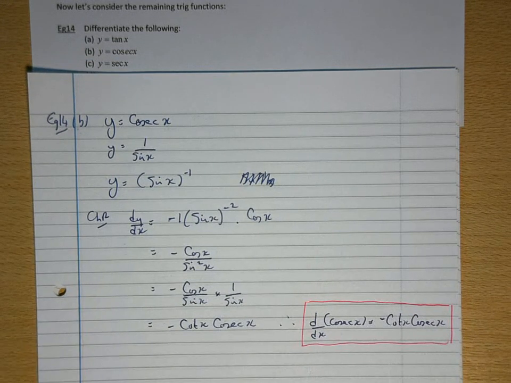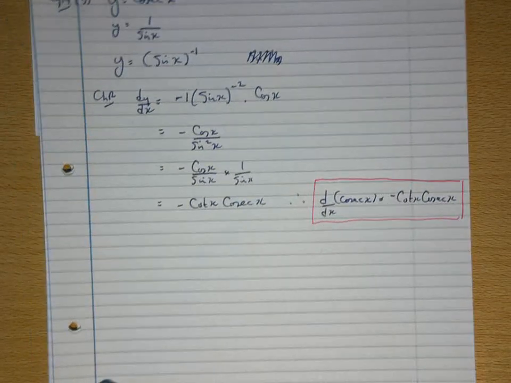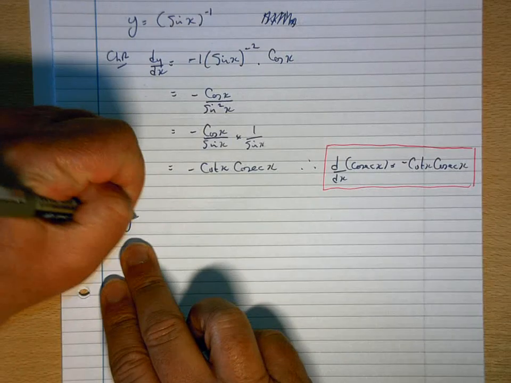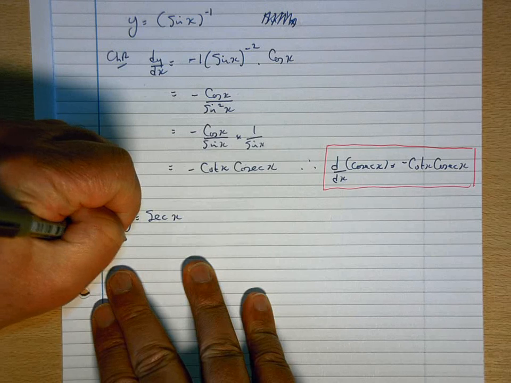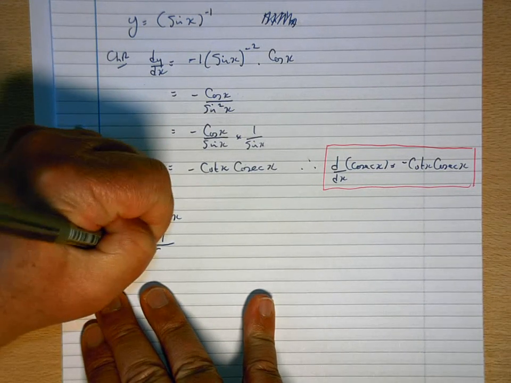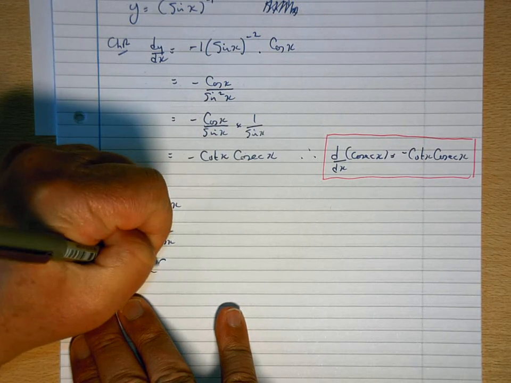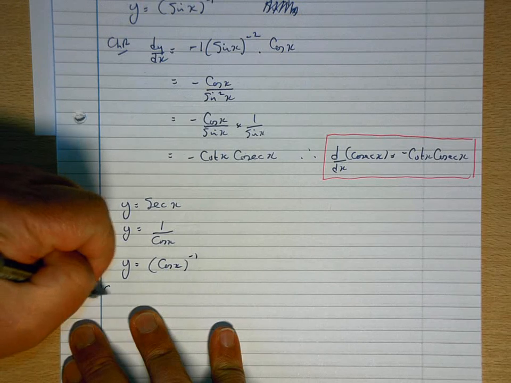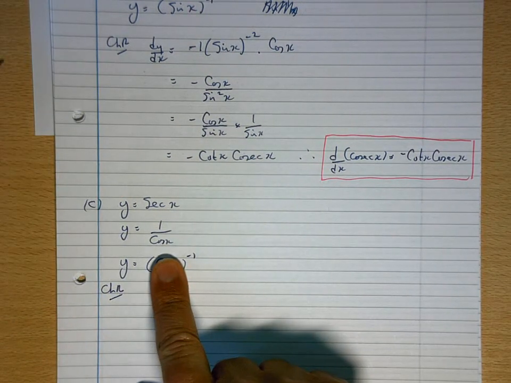Next we've got sec, and we'll go about doing that in exactly the same way as we've just done there. So y equals sec x. Well, I know I can write that as 1 over cos, which I can write in index form as cos x to the power of minus 1. It's a chain rule. Cover up your finger, minus 1 finger to the minus 2.